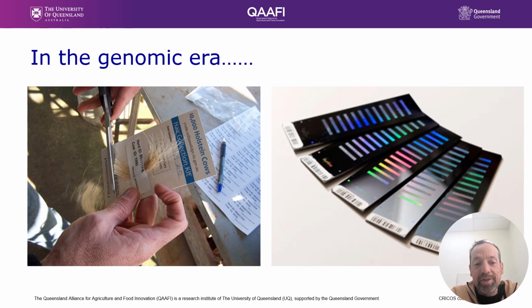Acquiring this SNP information has become increasingly cheap and straightforward with the advent of technologies like SNP arrays, for example, where animals or individual plants can be genotyped for 50,000, 100,000 SNPs at once using these array technologies. And of course, today, low-fold sequence coverage is also used to derive this genomic information.